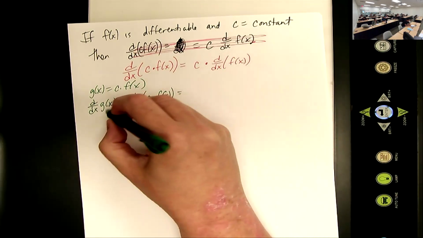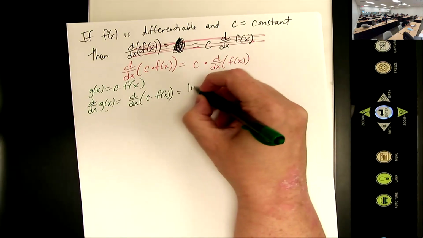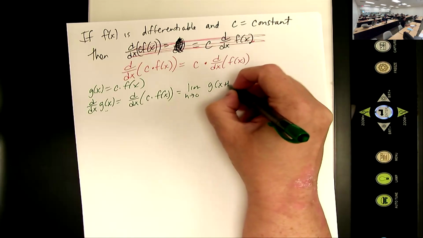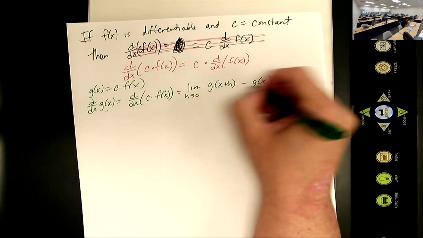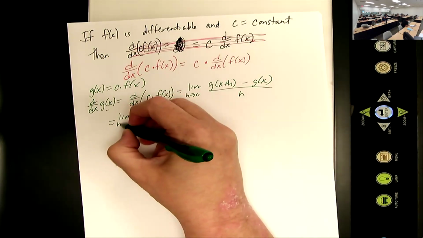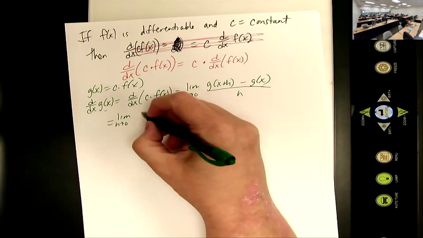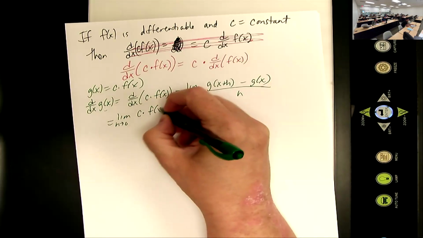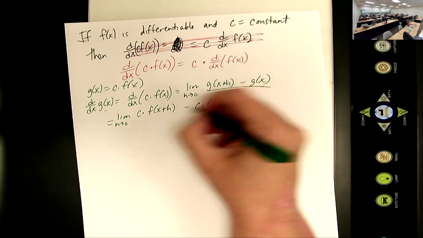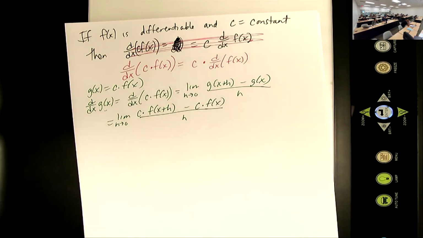But we're doing the limit thing here, so limit as h goes to 0 of g of x plus h minus g of x over h equals the limit as h goes to 0 of C times f of x plus h minus C times f of x over h.